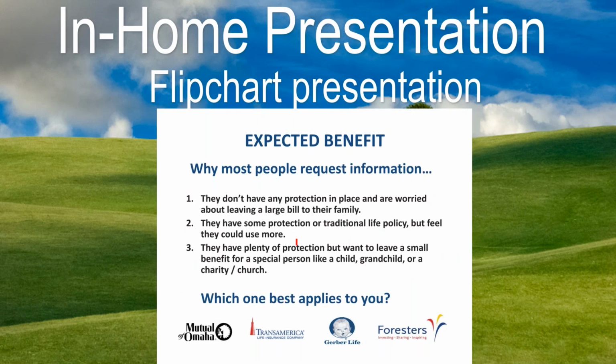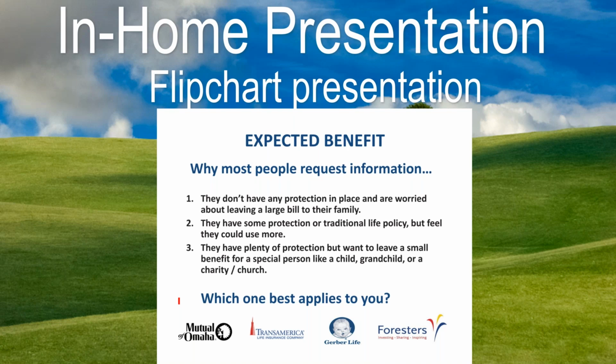Now, typically, by the time we get to this point, we've probably already identified which one of these three. If you haven't, then this is the time to go over it. Now, Jimmy, I've been doing this for a long time. Most people tell me that there's one of three reasons why they wanted to get this information. One is that they don't have any protection in place and they're worried about leaving a large bill to their family.